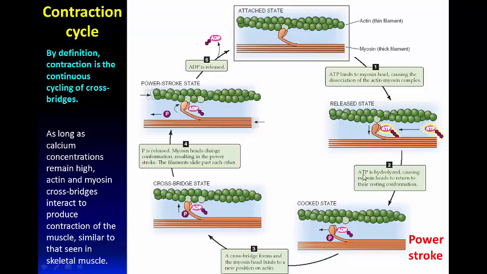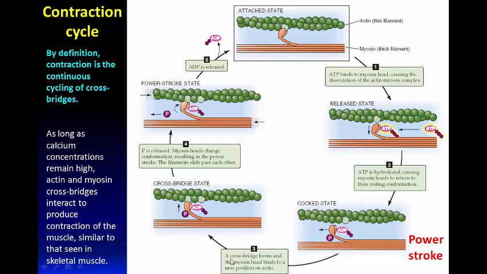Then adenosine triphosphate is hydrolyzed into adenosine diphosphate and inorganic phosphate, and this hydrolysis returns the globular heads of myosin to their resting conformation. These heads need to return to their resting conformation so that they can bind to their binding site on another actin molecule.